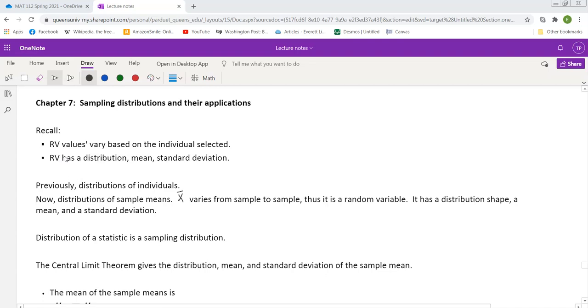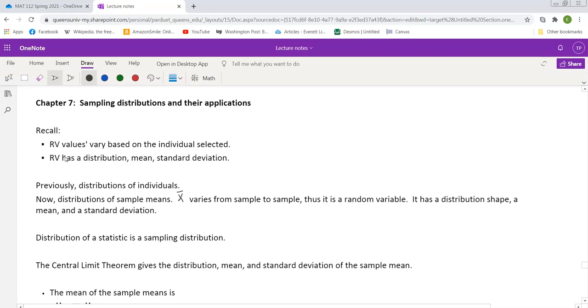Again, if we pick a different sample, we get a different value. If we did that over and over and over again and did a histogram of those values, that's what we're looking at, the distribution of those values. Some ranges of values for X bar are going to be more likely than others. And that's what we're looking at here.